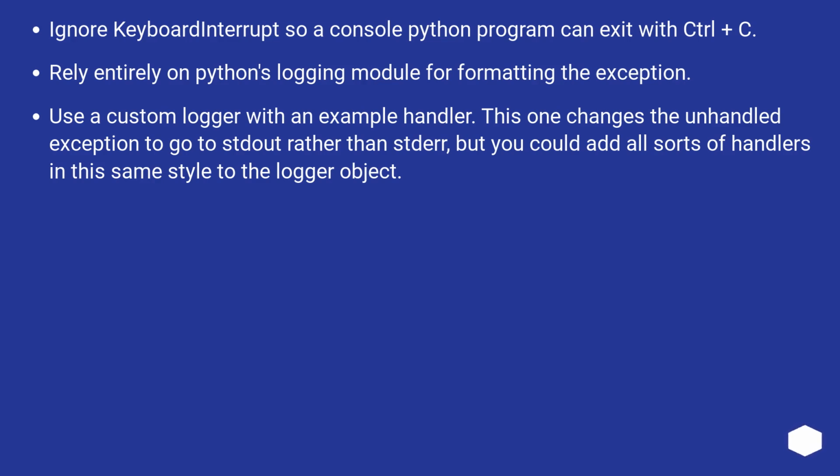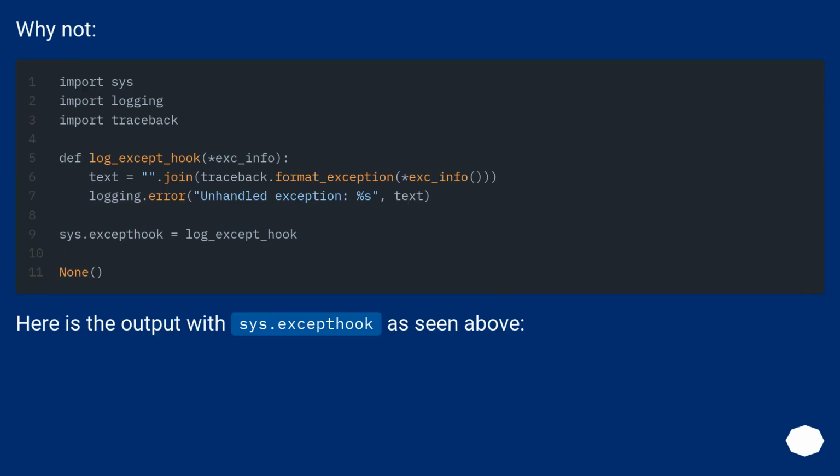Rely entirely on Python's logging module for formatting the exception. Use a custom logger with an example handler. This one changes the unhandled exception to go to stdout rather than stderr, but you could add all sorts of handlers in this same style to the logger object. Why not?